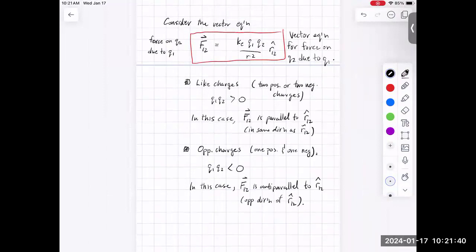Okay, and so we'll make use of this, in fact, very shortly. All right, so we're now in the situation where if we have 2 charges nearby one another, we can talk about how they interact, how they exert forces on one another.